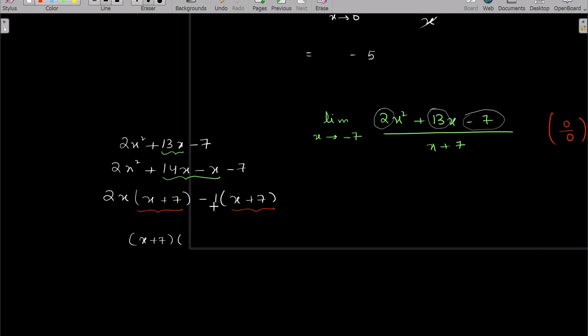Yes, when you factor out x plus 7, what's left is 2x and negative 1. That will be your other factor. These are your two linear factors. So now your numerator is factored into x plus 7 times 2x minus 1.